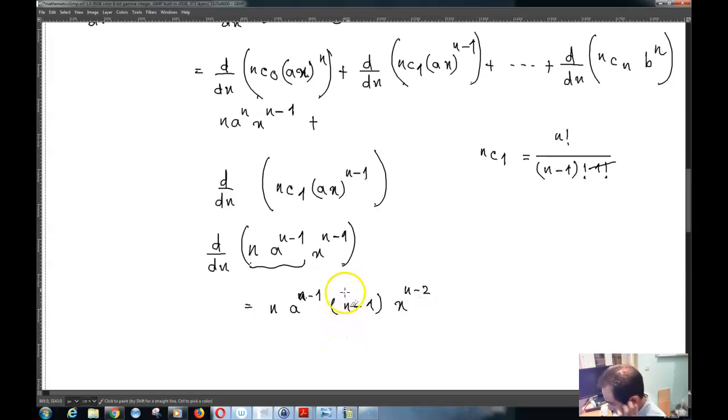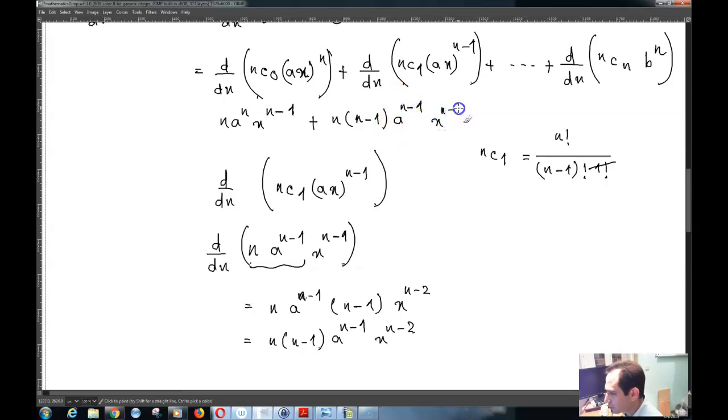Okay, so I can write this as n times n minus 1 times a raised to the power n minus 1 times x raised to the power n minus 2. So instead of this, I can write n times n minus 1 times a raised to the power n minus 1 times x raised to the power n minus 2.